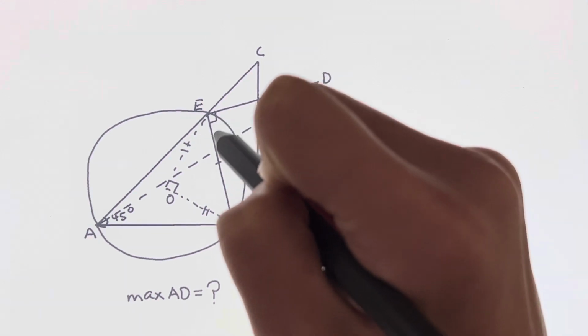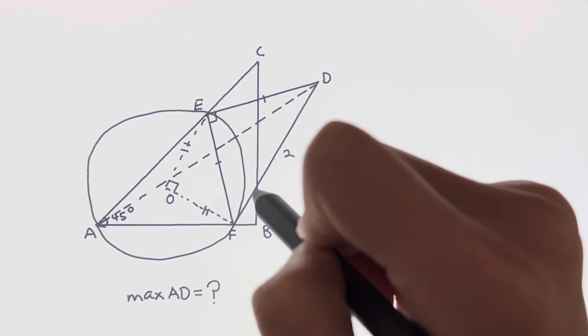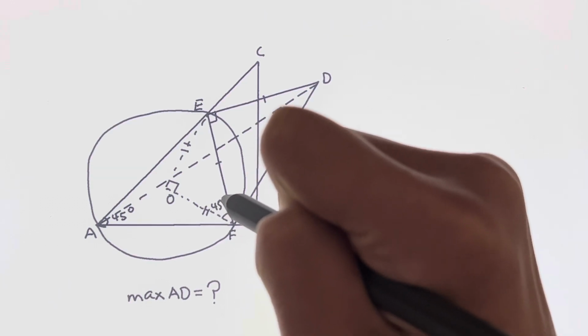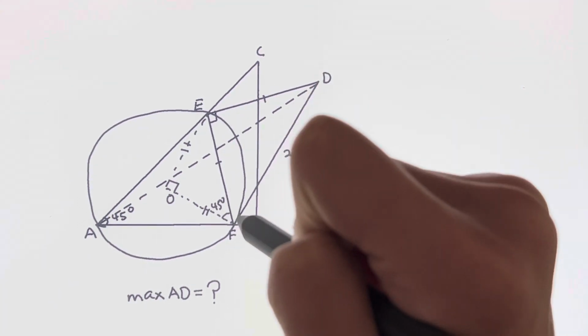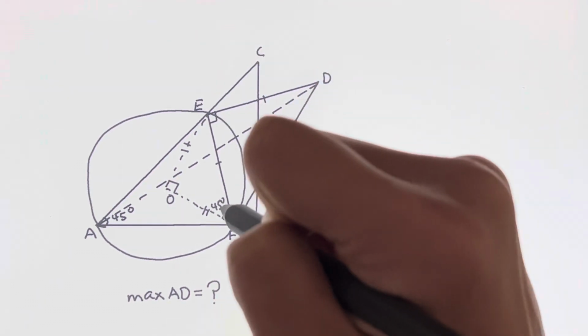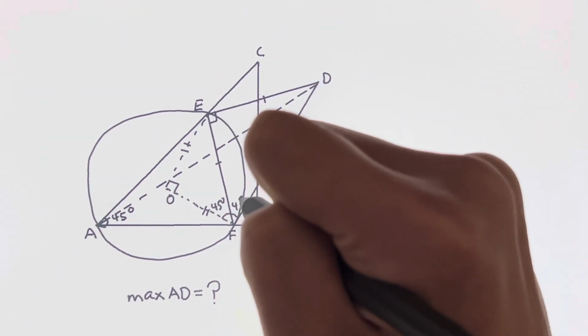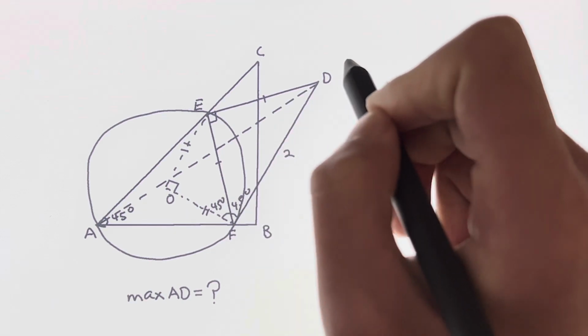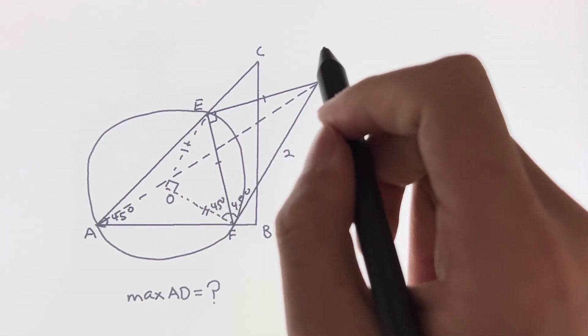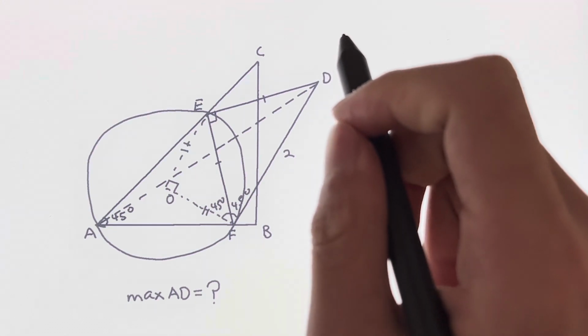This means that triangle EOF is an isosceles right triangle, meaning that this is 45 degrees. And since triangle DEF is also an isosceles right triangle, angle EFD is 45 degrees as well, meaning that angle OFD is a right angle. This will come in handy in the last part of the solution.